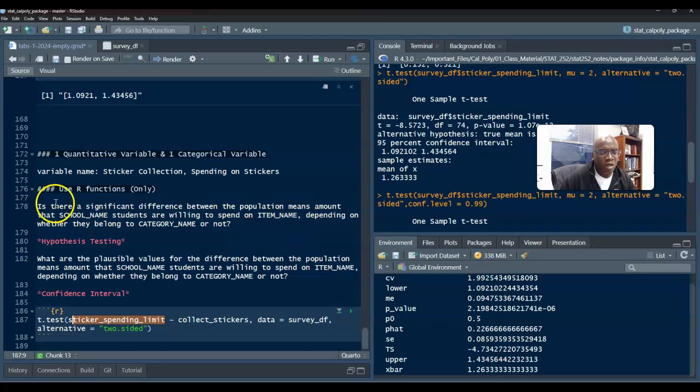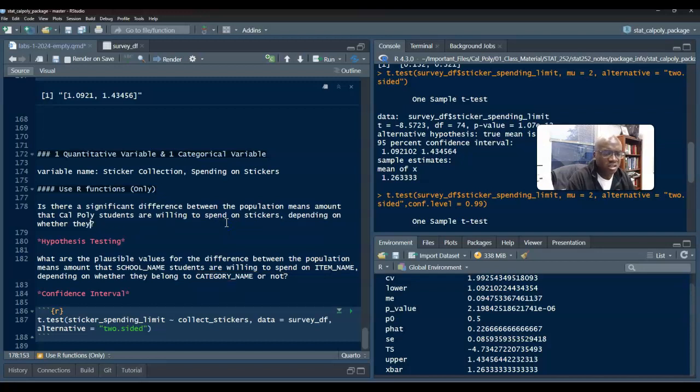One way of looking at this in terms of hypothesis testing is: is there a significant difference between the population mean amount that Cal Poly students are willing to spend on stickers, depending on whether they collect stickers or not?